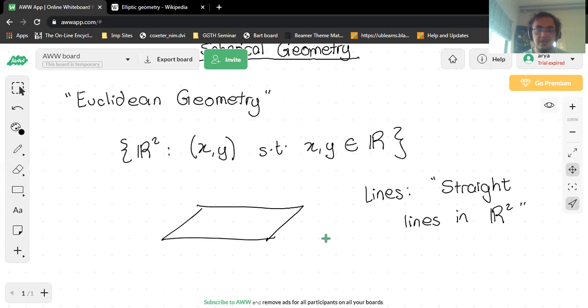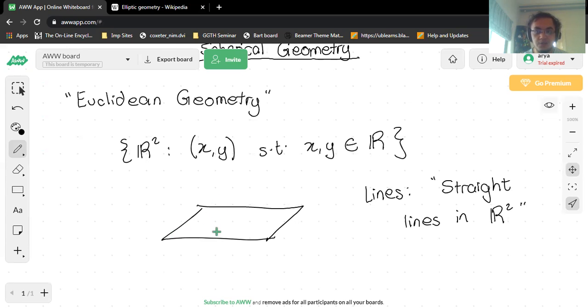And we would ideally also want to define a notion of distance between 2 points, so that if you have a line joining 2 points, then the length of the line segment contained between those 2 points is equivalent to the distance between those 2 points.